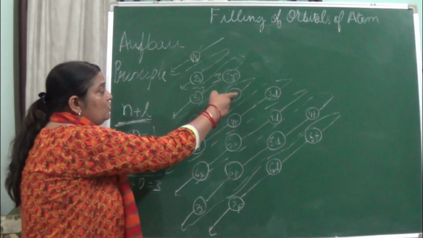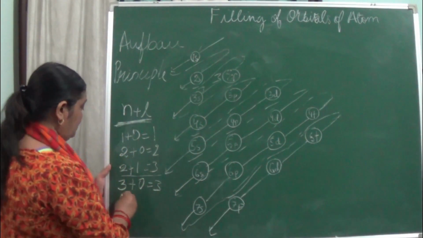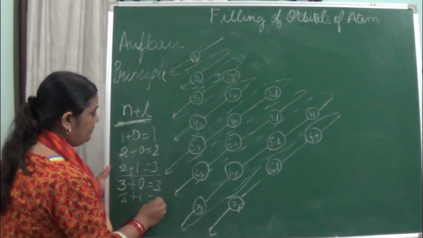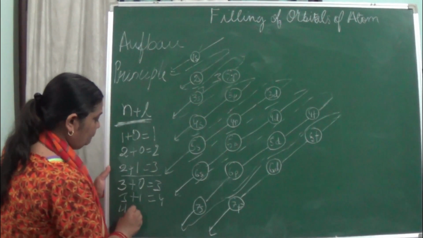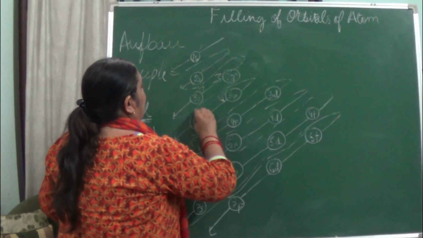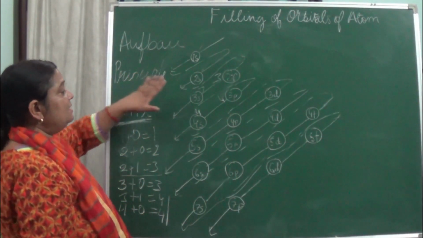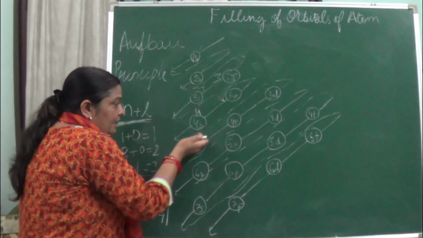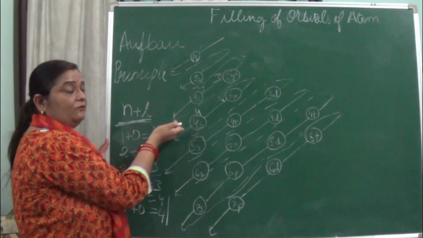Likewise, 3p is 3 plus 1, which is 4, and 4s is 4 plus 0, which is 4, the same value. So when they are in the same line, they have the same energy value.